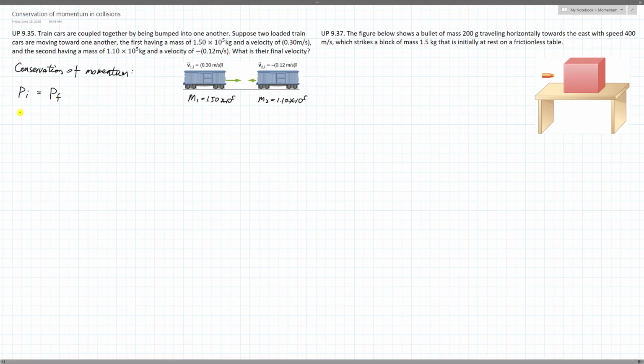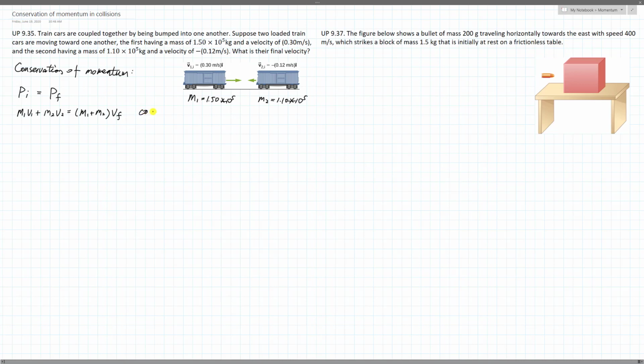So over here we can say the initial is m1 v1 plus m2 v2, and the final, they combined, right? They are coupled together, so they're moving at the same speed. Let's put a v final here.